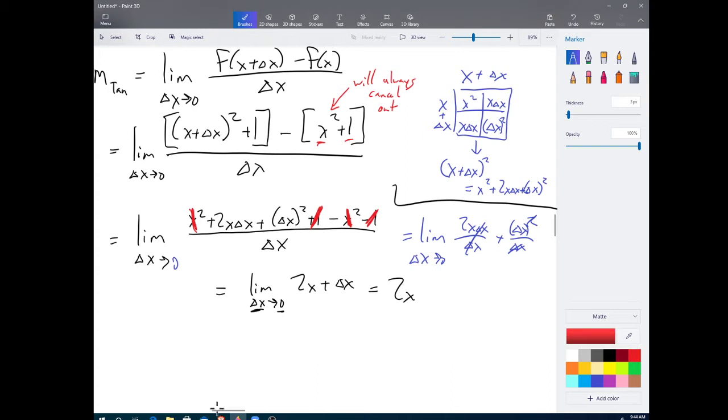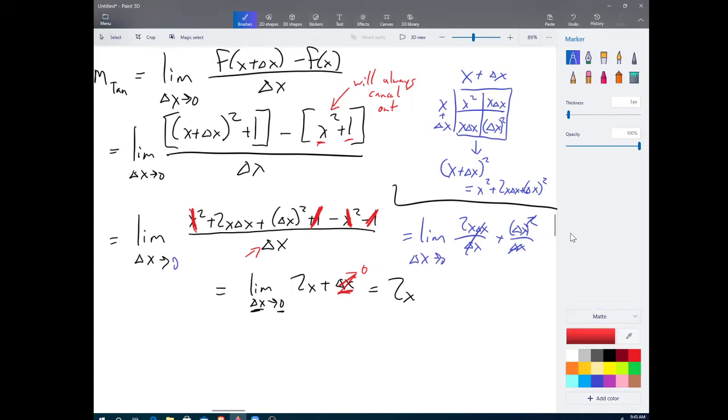Because when I plug in delta x equals 0, just this piece goes away. I couldn't do it here because it was going to give me something that was undefined. But once I no longer have delta x on the bottom of a fraction, it's legal just to plug it in. I get an equation out of this.